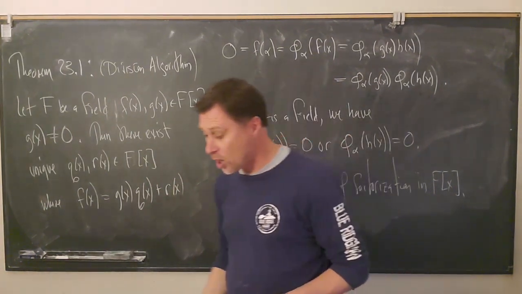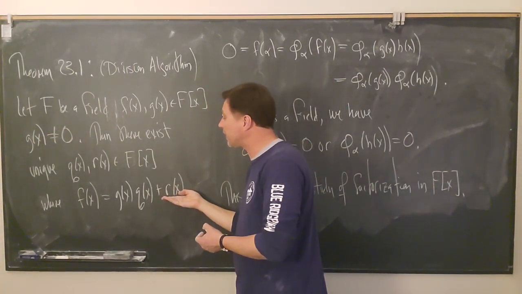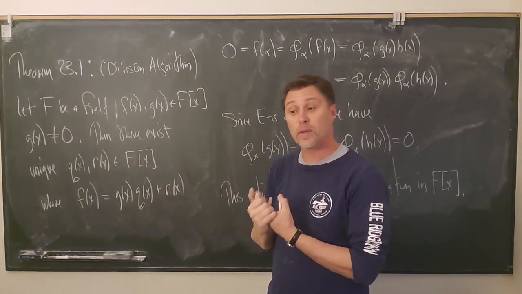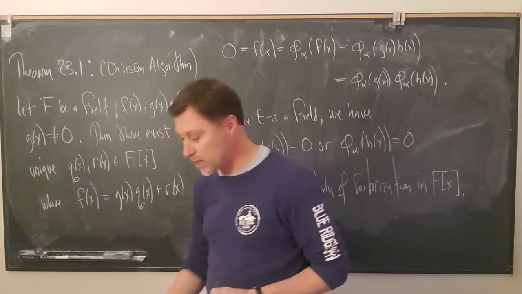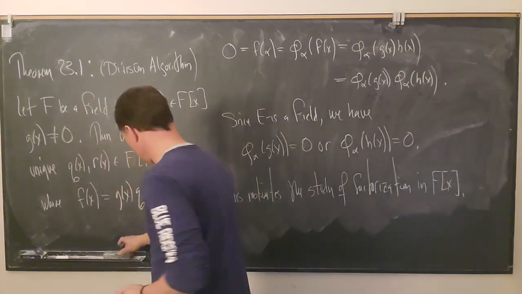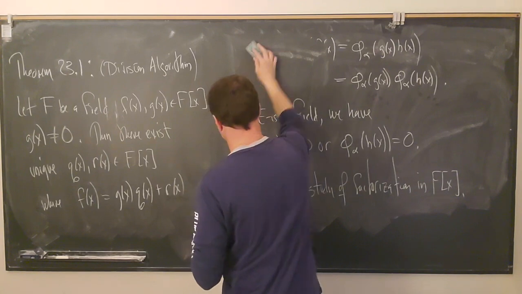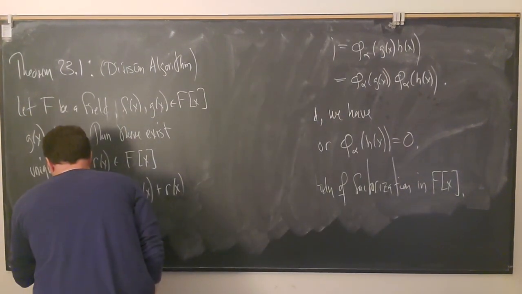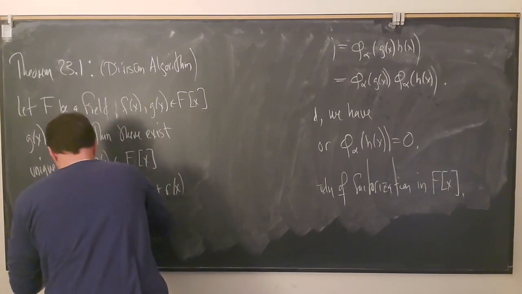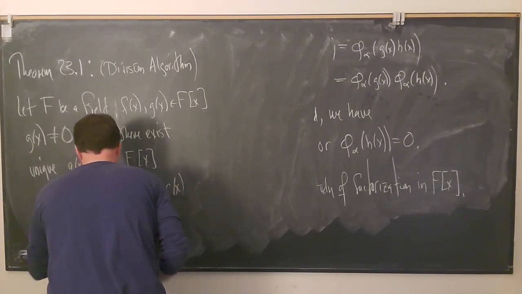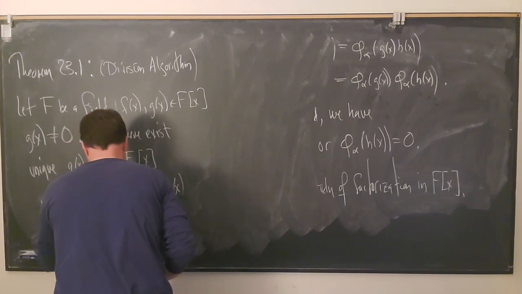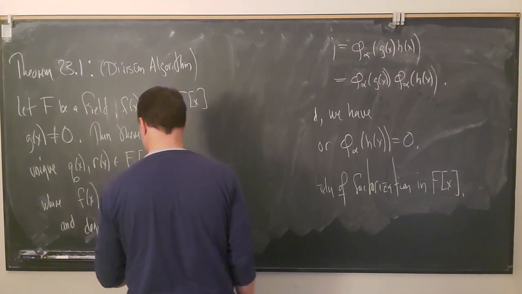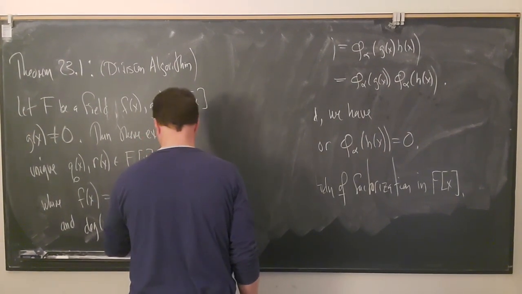That's not clear. Our notion of betweenness comes from the degree. So I need to finish my sentence here: and the degree of r of x is strictly less than the degree of g of x.